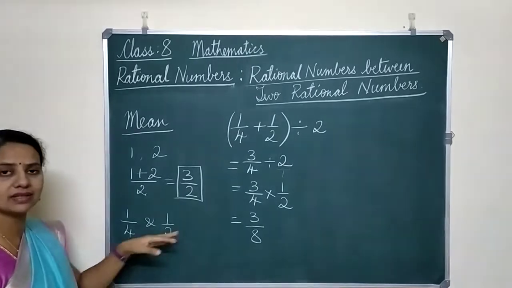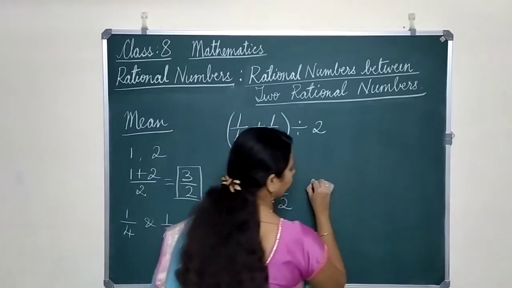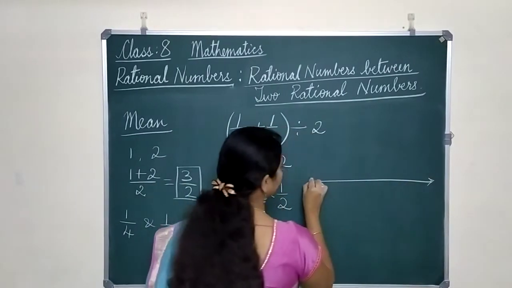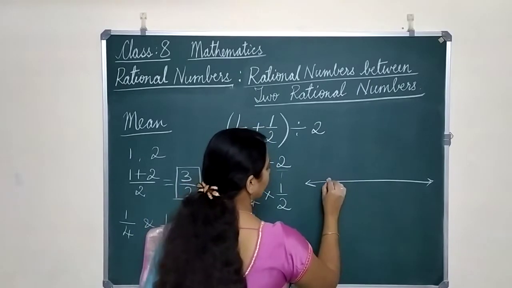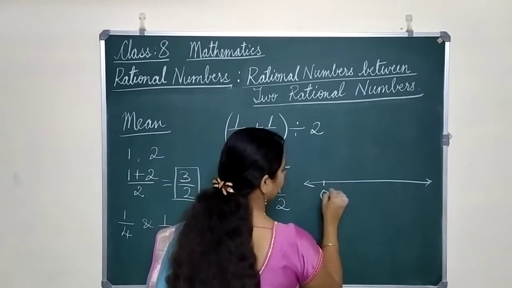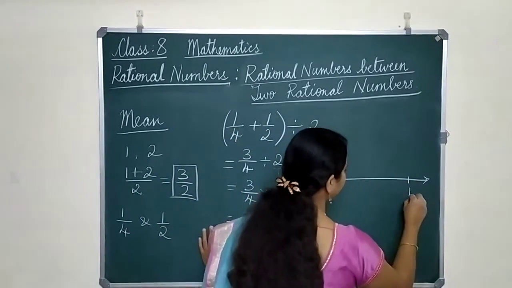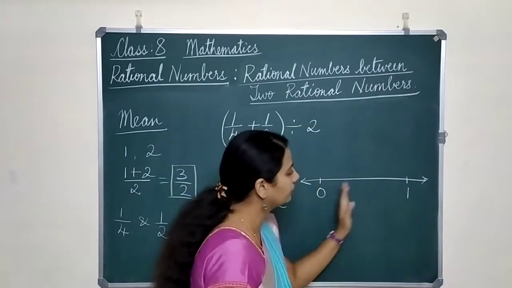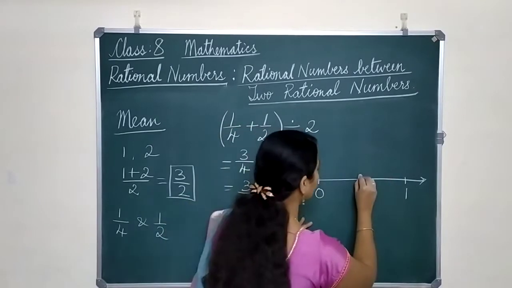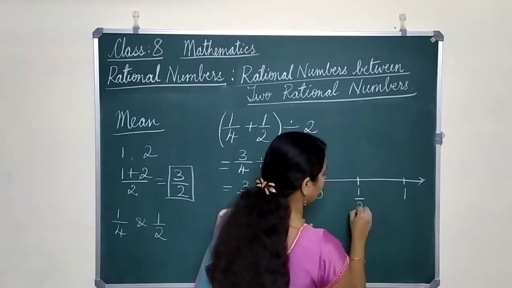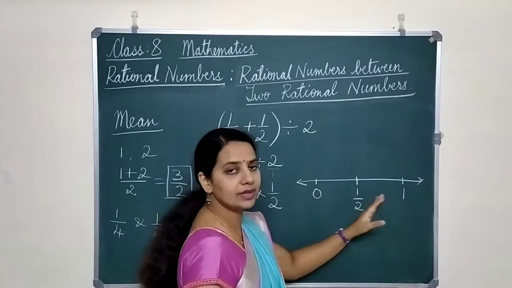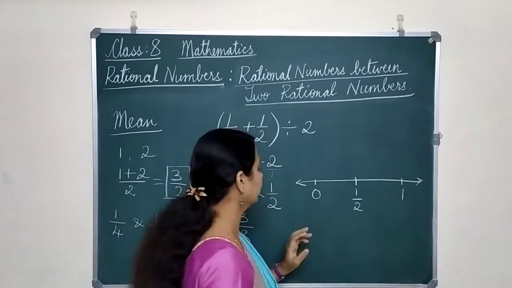Now how do we represent this on a number line? We will see. For example, this is a number line. Your 0 will be here somewhere, and your 1 is somewhere here. Now what is the midpoint of this and this? That is your half. Half is the midpoint of 0 and 1.